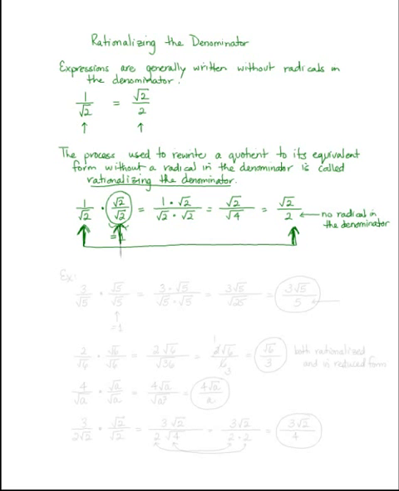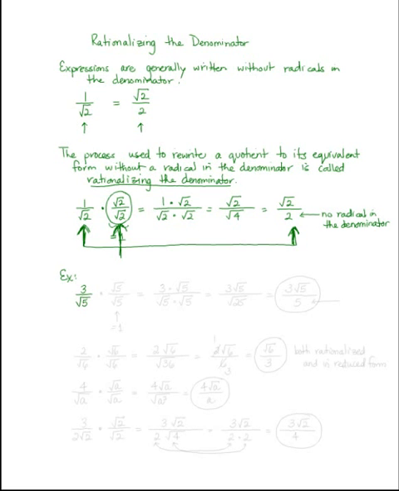Let's try a few more so we can see how we choose that equivalent fraction that equals the number 1. How do we go about choosing what that looks like? So here are a few more examples. Suppose we had 3 divided by the square root of 5. We want to rationalize the denominator. In other words, we want to get rid of the square root of 5.